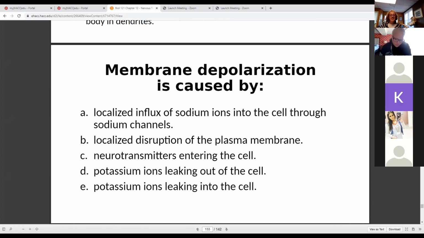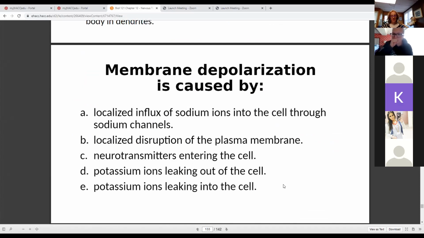Membrane depolarization is caused by what? Is it D? Why do you think it's D? Because it makes it more negative. No, depolarization is freezing it. It's stopping it.